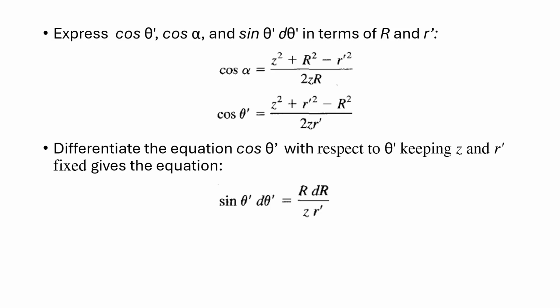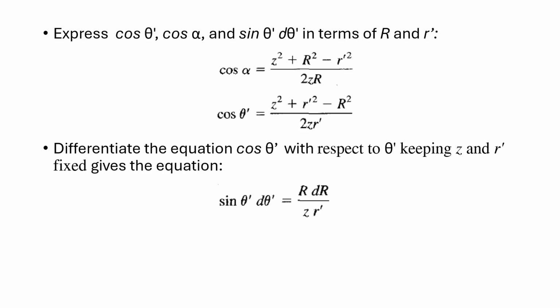Then we express cos theta prime, cos alpha and sin theta prime d theta prime in terms of r and r prime. So you get cos alpha equal to z squared plus r squared minus r prime squared over 2zr. Then cos theta prime equals z squared plus r prime squared minus r squared over 2z r prime.